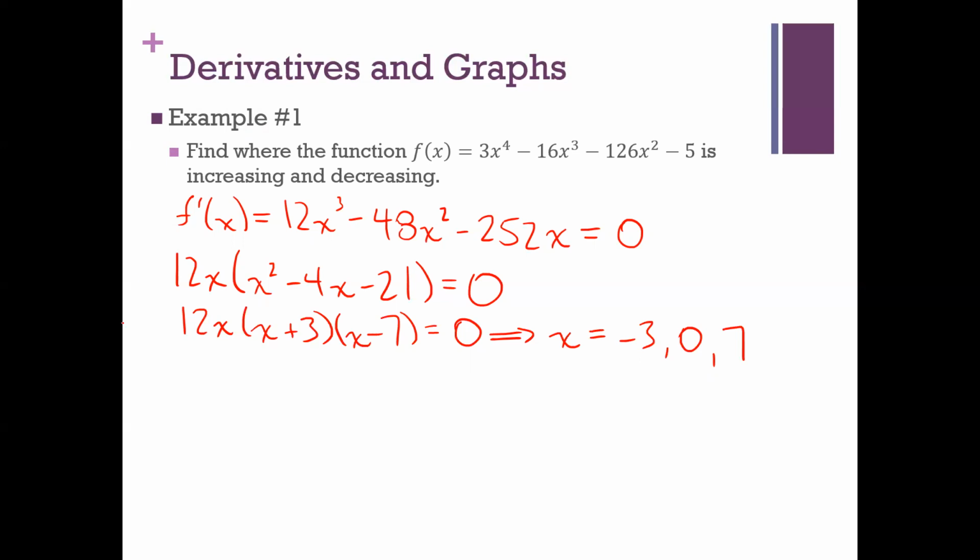Negative infinity to -3 is the least of these. And then from -3 to 0. And from 0 to 7. Those are the 3 intervals, right? I don't think that covers everything. Oh, no, 7 to infinity.